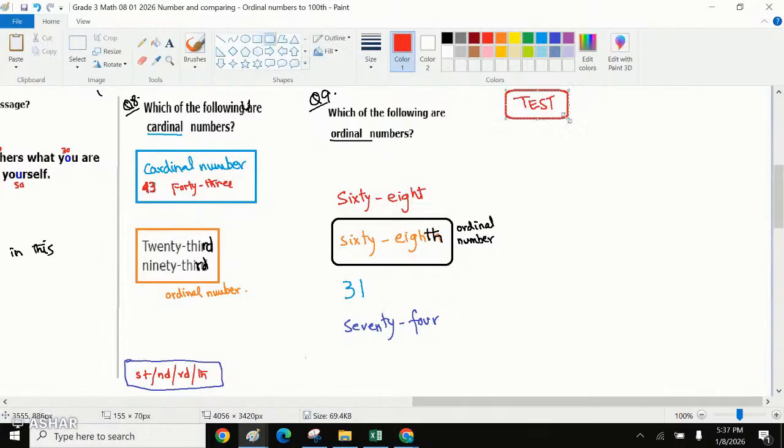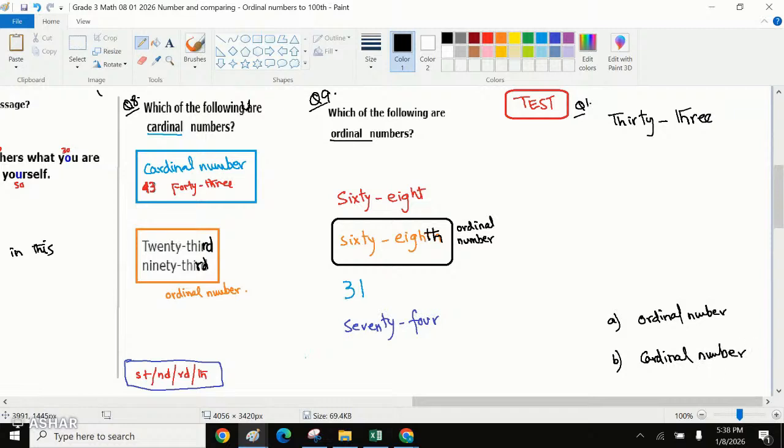Let's suppose if we do the first question, okay, question number 1, we'll say, 33. We have two options. We have ordinal number, option A, and option B is cardinal number.